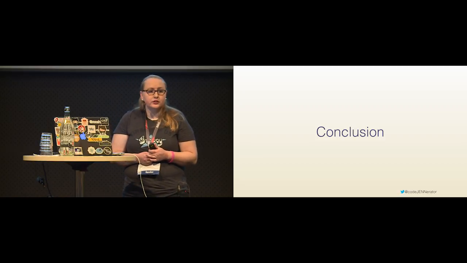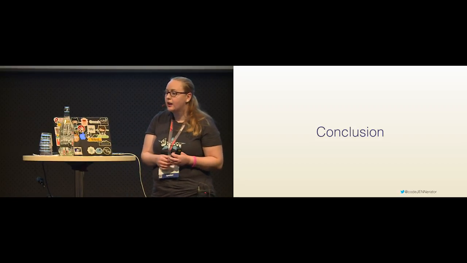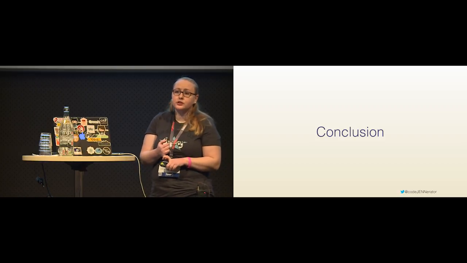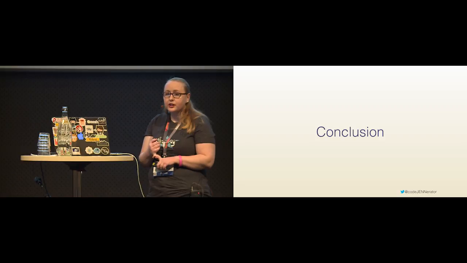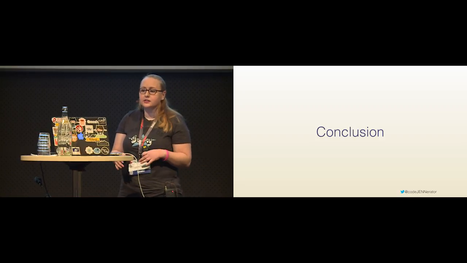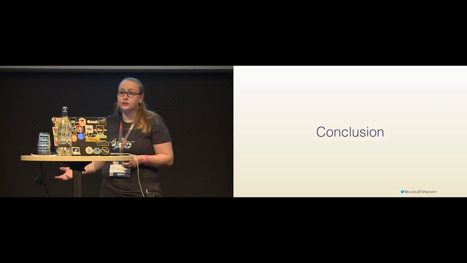So in conclusion, we found that API documentation is a really complex topic, particularly trying to centralize it. You should choose the tool that's right for your project. And sometimes that's not necessarily the one that's the easiest to set up. You want to make sure that it's easy to maintain in the long run and that your end users are happy with it.